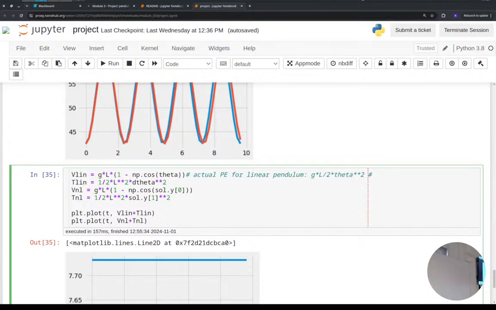It's only accurate near zero, and it does introduce error that way. Accuracy. That was a good question.